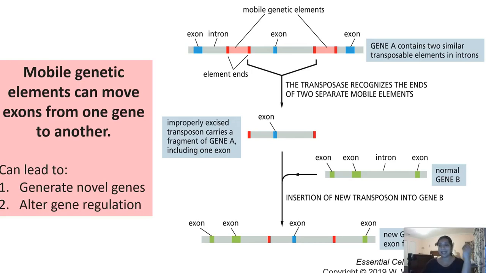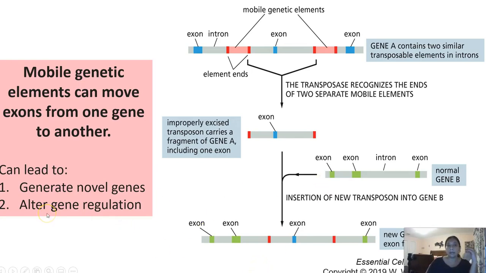Maybe it contained a DNA binding domain that didn't exist before, or a nuclear localization signal that didn't exist before, and now this protein is able to translocate to the nucleus when it was supposed to function in the cytoplasm or outside. So that's obviously going to cause a disruption or alteration of that protein's structure and function.